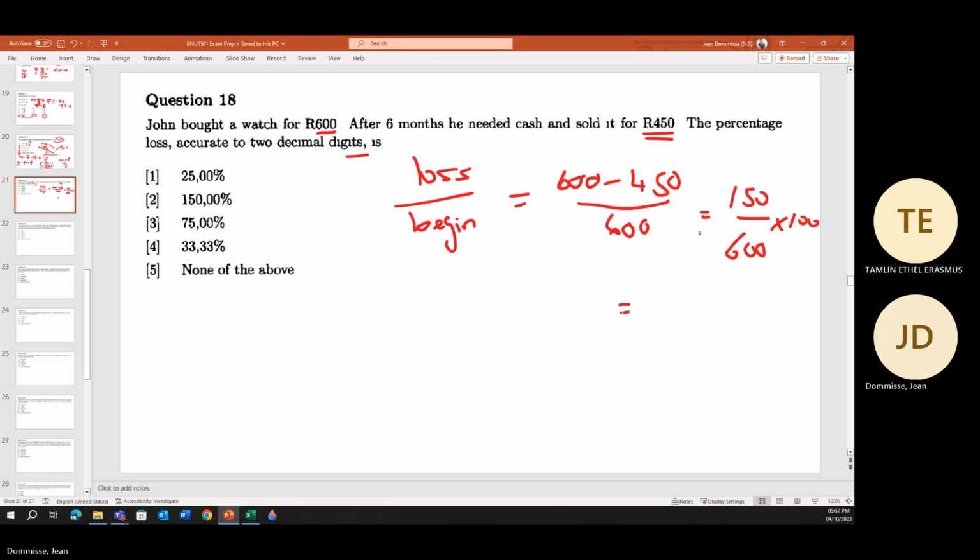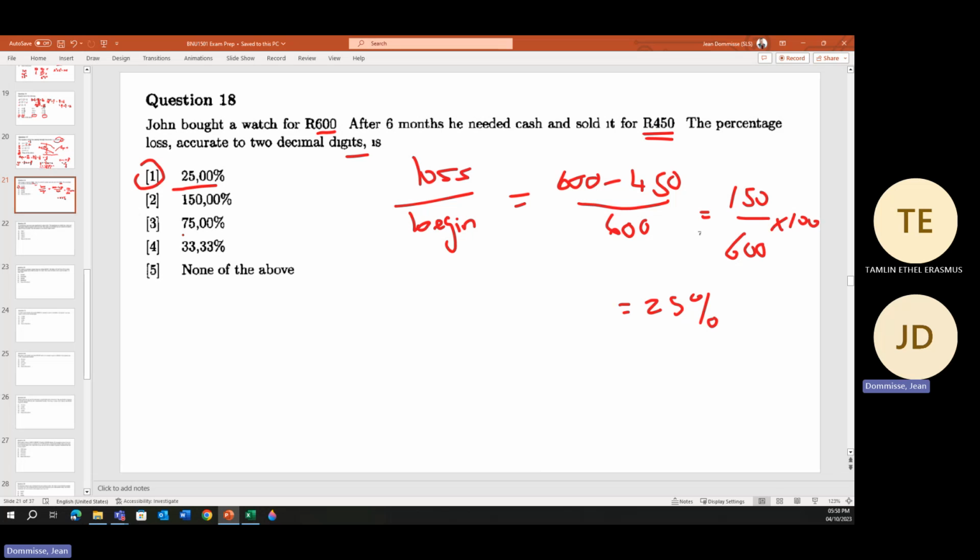So 150 divided by 600 times 100 to get the percentage is 25% loss. Okay, so 25% loss. So it's basically you sold it, you've lost 150 Rand in the process.